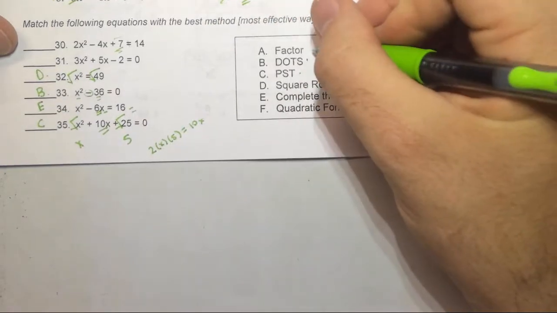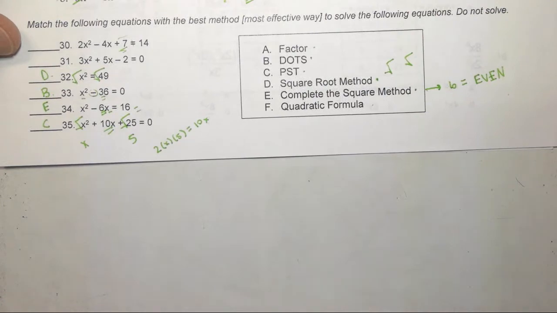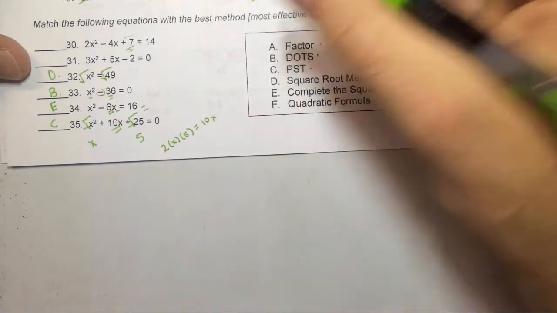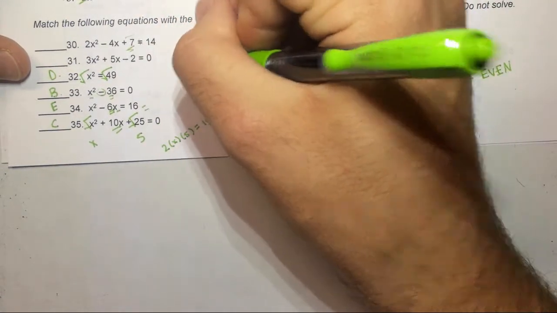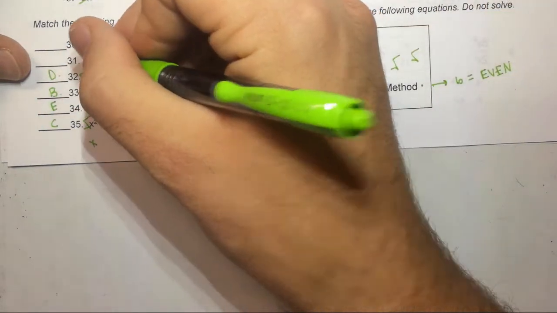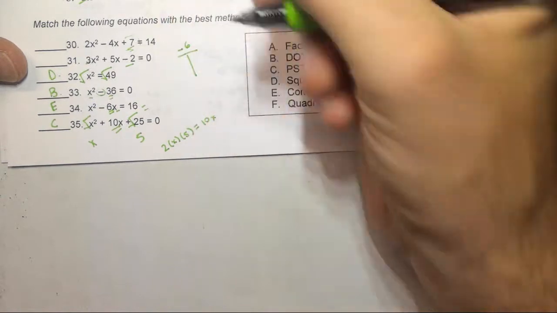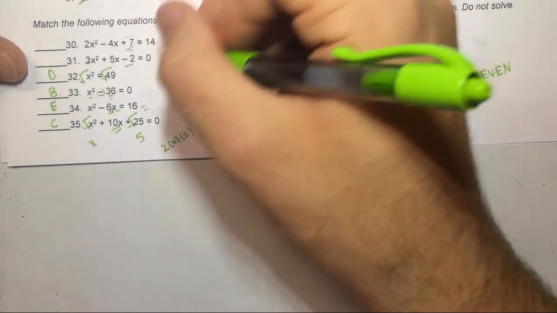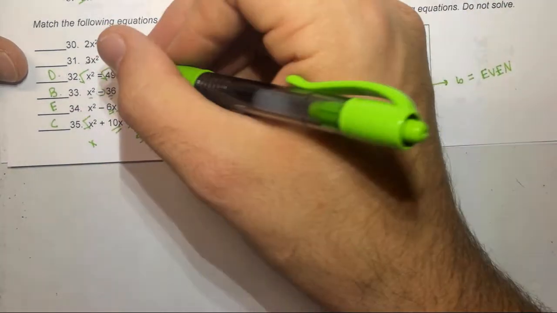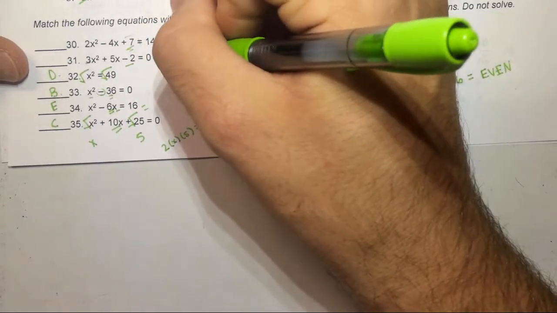And then finally, my factoring and my quadratic formula. Factoring, I just have to be able to do the actual factoring. So this one, I'm going to look at number 31. My a is 3, my b is negative 2. So I have 3 times negative 2, negative 6. Is there a factor of negative 6 that adds up to equal 5, my middle term?